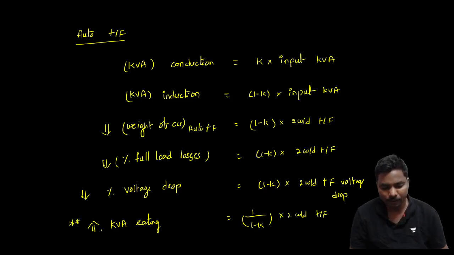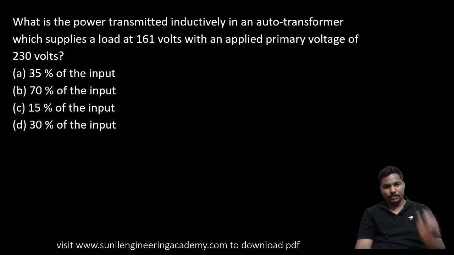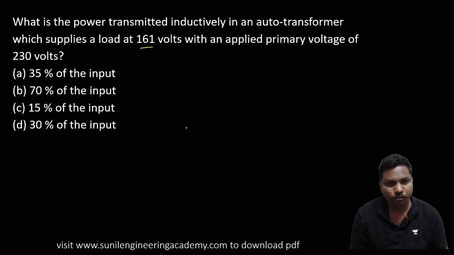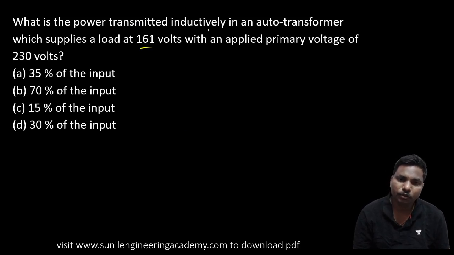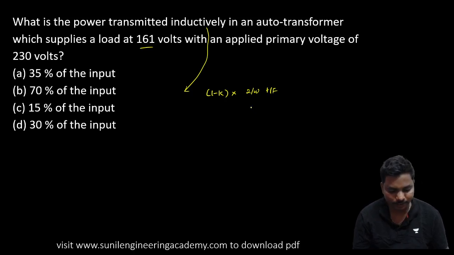Okay, coming to the next question. What is the power transmitted inductively in a transformer which supplies a load at 161 volts when applied a primary voltage of 230 volts? Power transferred inductively, what is the formula I have given? 1 minus K times the two winding transformer.